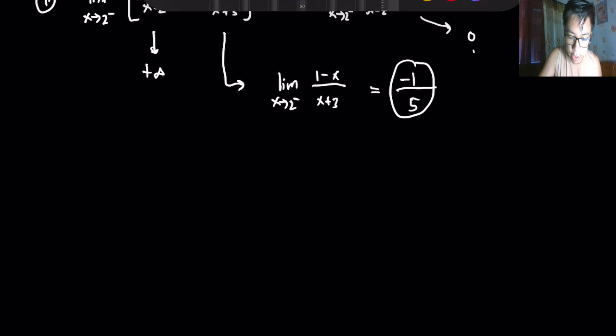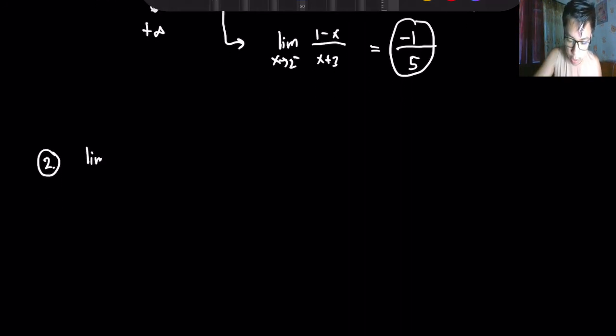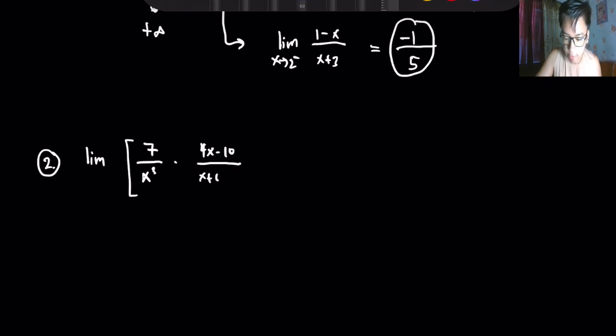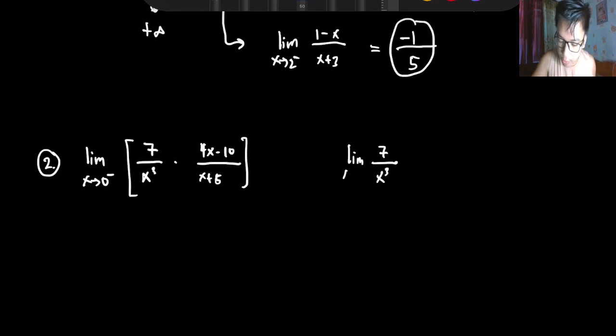Okay, so let's consider another example. Let's solve for the limit of 7 over x cubed times 4x minus 10 over x plus 5 as x approaches 0 from the left. So let's double check the first function, the limit of 7 over x cubed as x approaches 0 from the left.